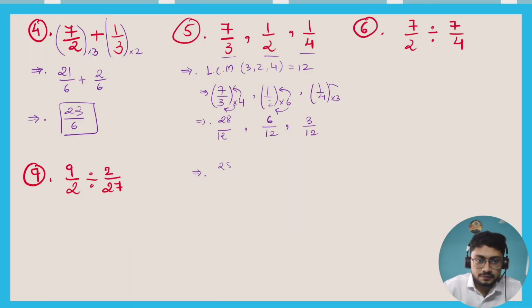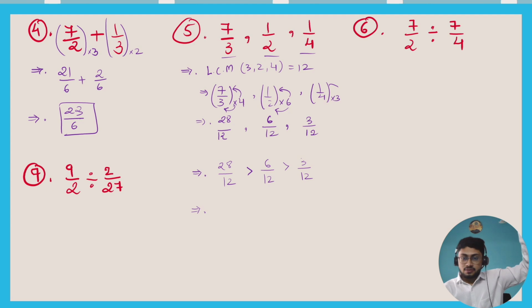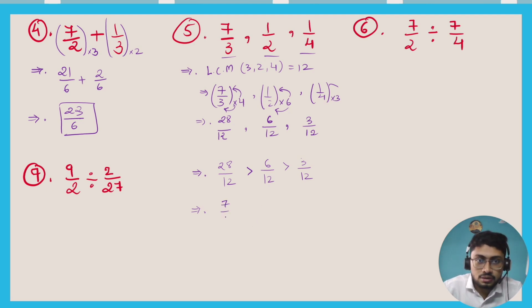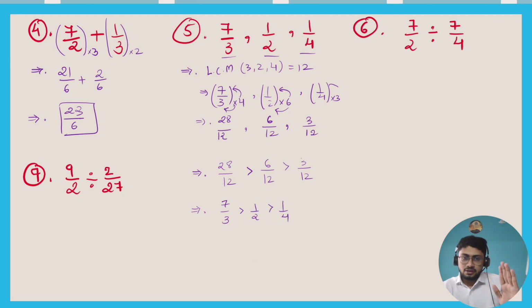Then which one is the second greatest? 6 upon 12, and which one is the last? 3 upon 12. But this is not the answer. We want the answer in the simplest form, whatever we had earlier. So 7 upon 3, 1 upon 2, and 1 upon 4. Is it right or wrong? Yes, this is the correct method to represent all of these.